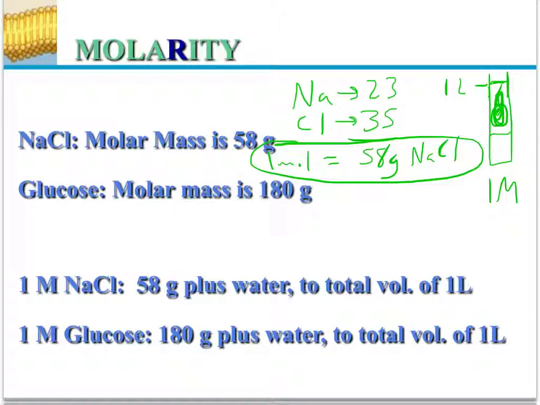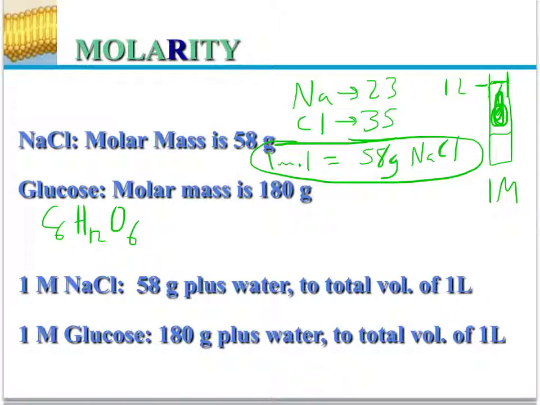Whereas if you wanted to make a 1 molar solution of glucose, the chemical formula for glucose is C6H12O6. You'd look at the periodic table: carbon has roughly a mass of 12 grams per mole, and you have 6 carbons. Hydrogen is roughly 1 gram per mole, and you have 12 hydrogens.